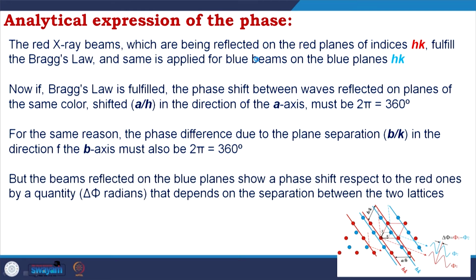But the beams reflected on the blue planes show a shift with respect to the red ones by a quantity which is called del phi, that depends on the separation between the 2 lattices. So, basically if it is the same lattice, it is the same; if it is another lattice, there is a change, and the change is expressed by a difference which is del phi.